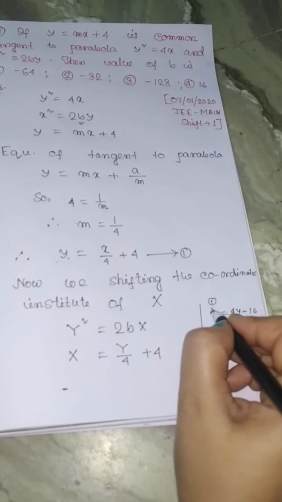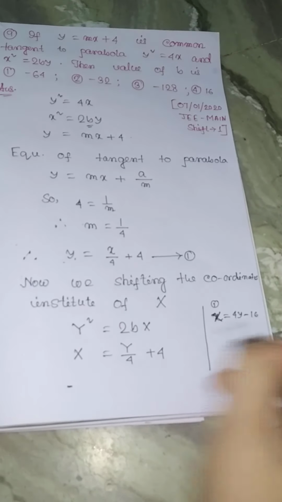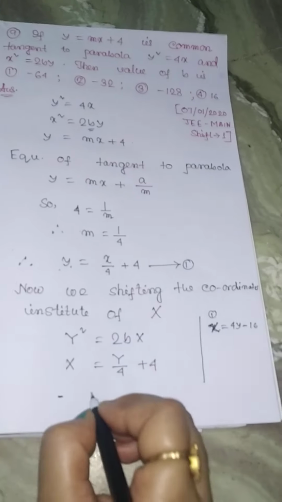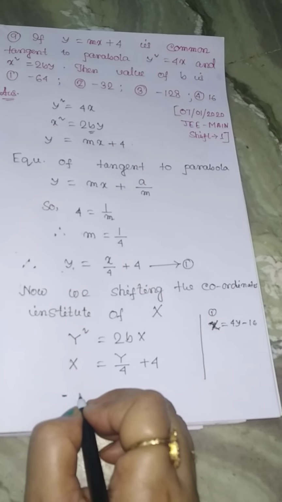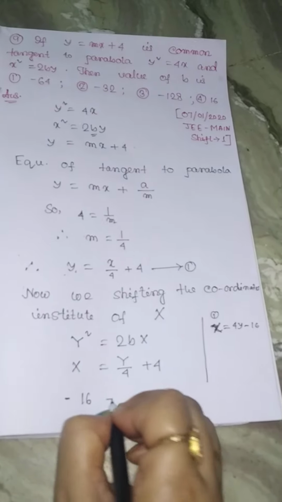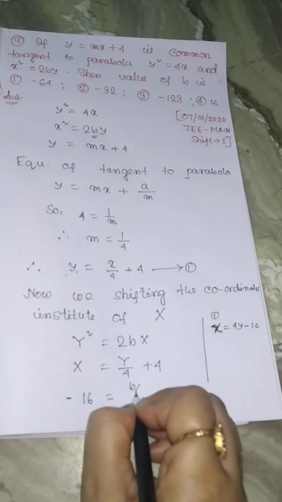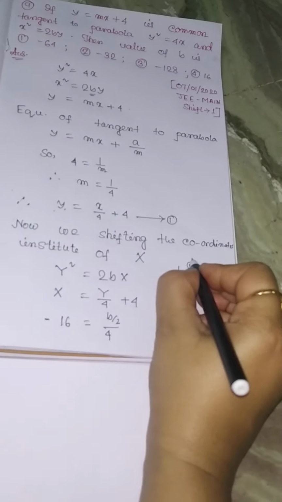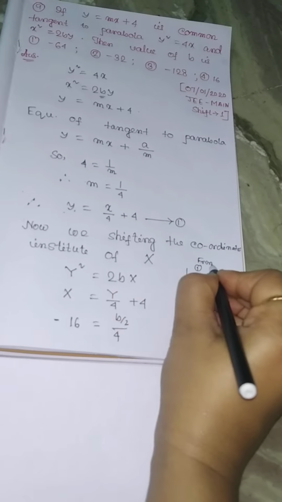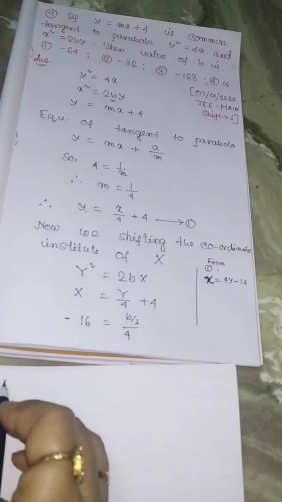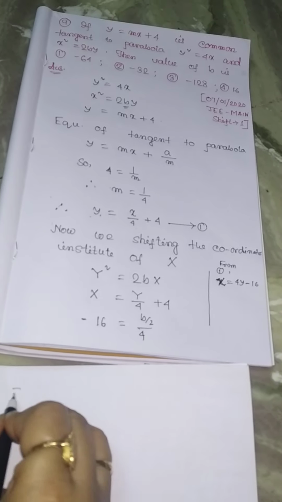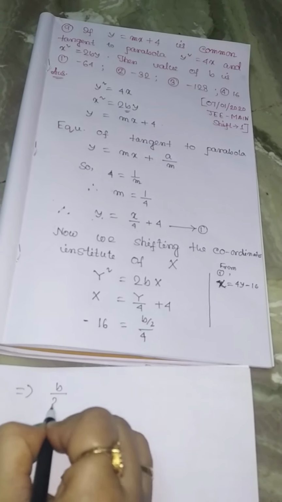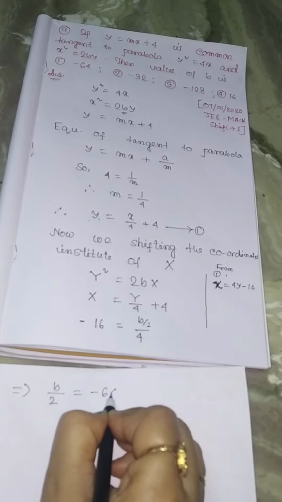So comparing these two equations, we get minus 16 is equal to b by 2 divided by 4. That implies b by 2 is equal to minus 64.